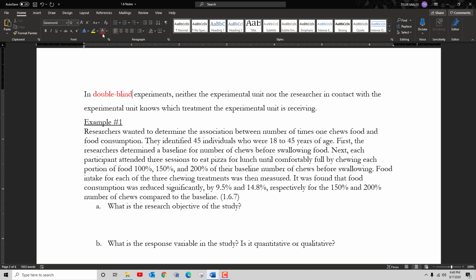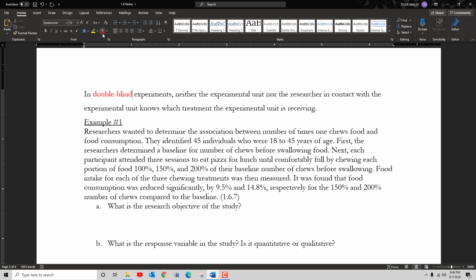Best scenario is the person giving the treatment and also the person receiving the treatment don't know what's going on, but obviously someone has to know so they can look at that data, right? So for example, a placebo, if you're using a sugar pill, medicine's an easy example of this. You want it to look and taste and smell and be the same size and everything as the actual drug.